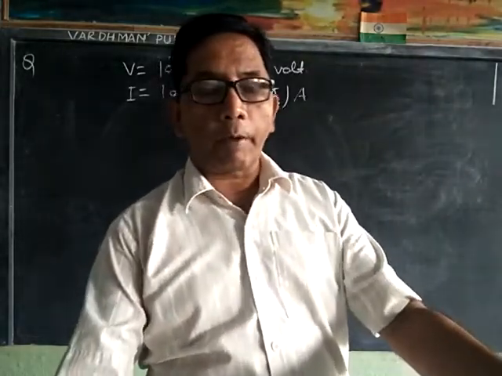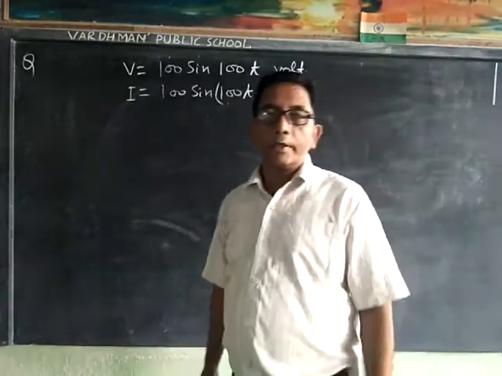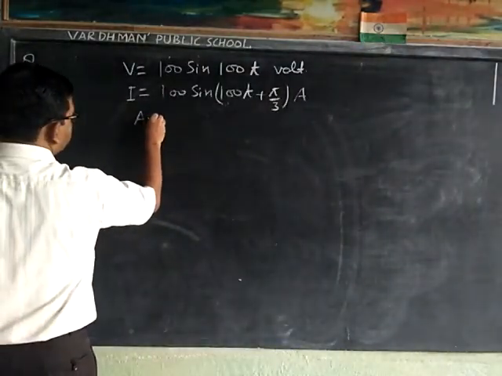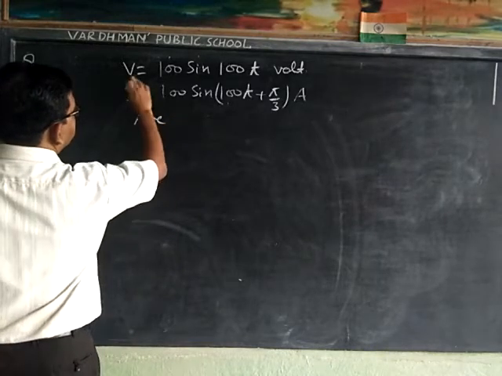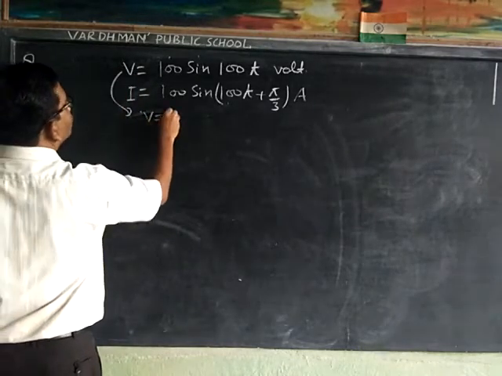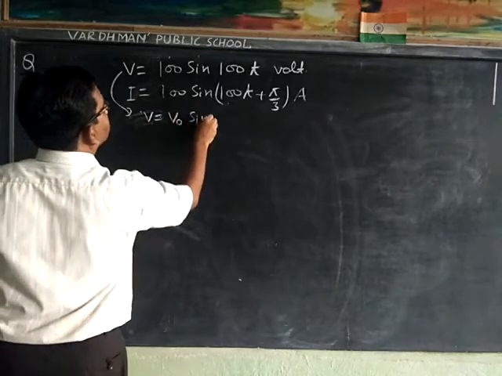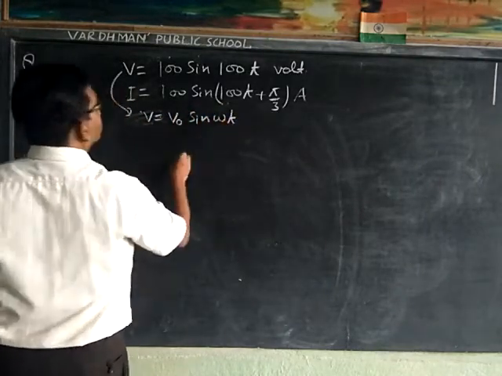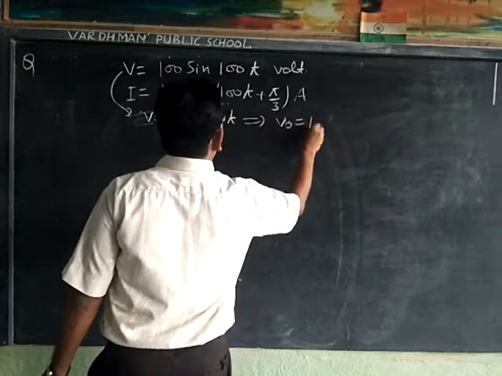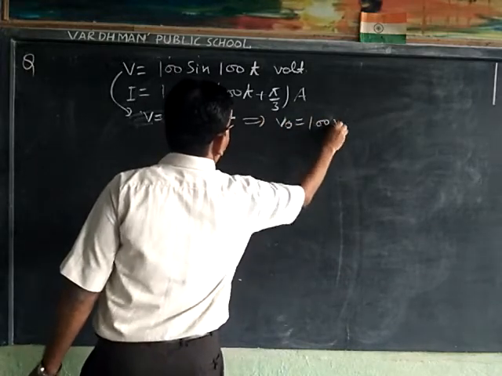We know the power dissipated is the average power. First we compare this equation with V is equal to V0 sin omega t. This implies V0 is equal to 100 volt.